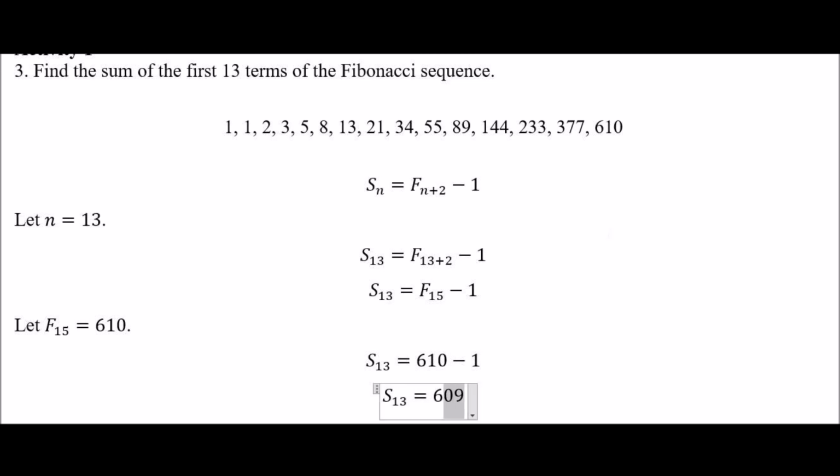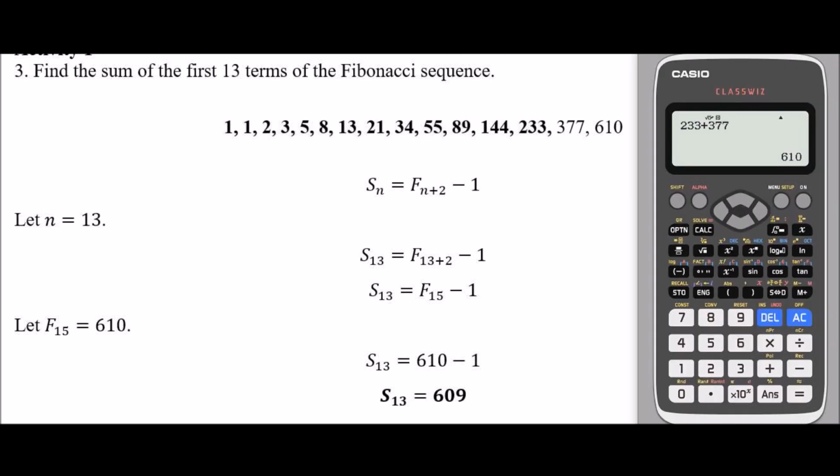So that is our answer. The sum of the first 13 terms of the Fibonacci sequence is 609. So it is only from 1 up to 233. We can also check this by using a calculator by adding these terms.